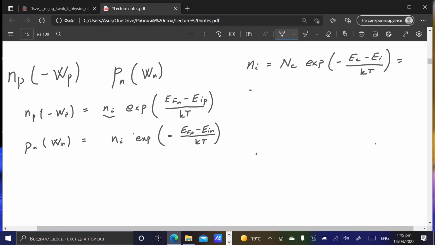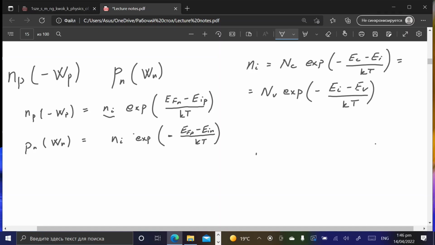The same we can write from the point of view of holes from the valence band. So it will be N_v, the effective density of states for the top of the valence band, times exponent minus (E_i minus E_v) divided by kT.